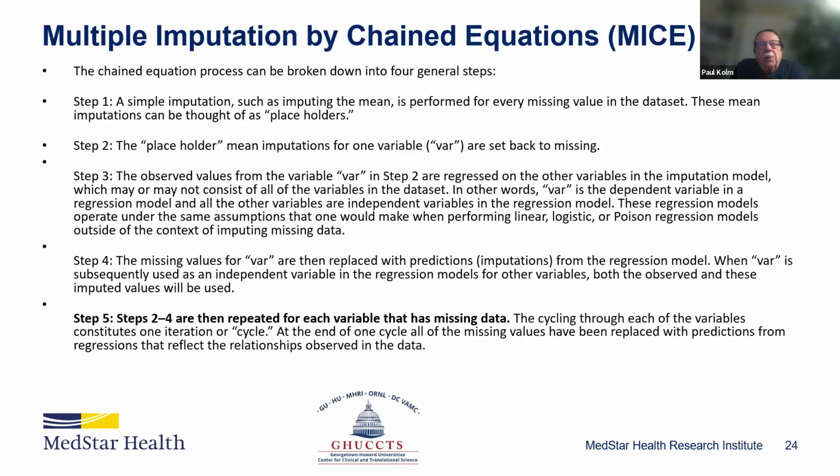Then when we repeat the process in steps 2 to 4, that imputed value becomes a value that we use in the imputation of the next variable that we're going to impute. I'll give you an example of that, since that's probably not all that clear.